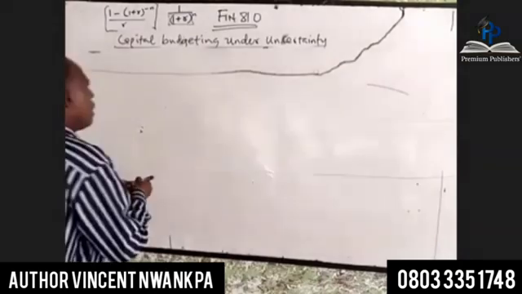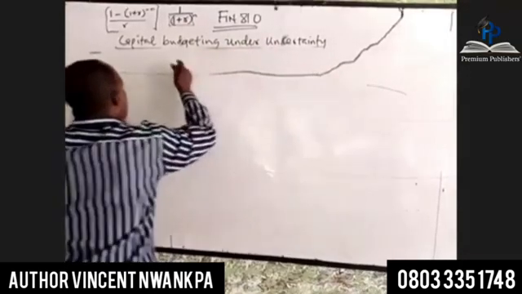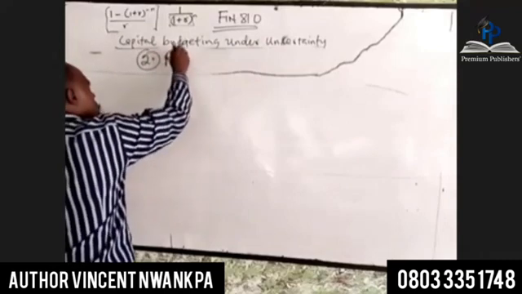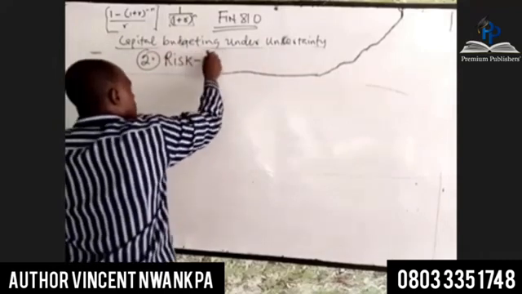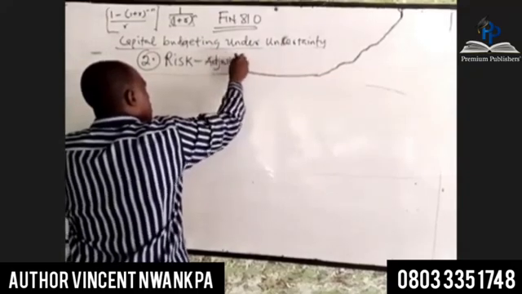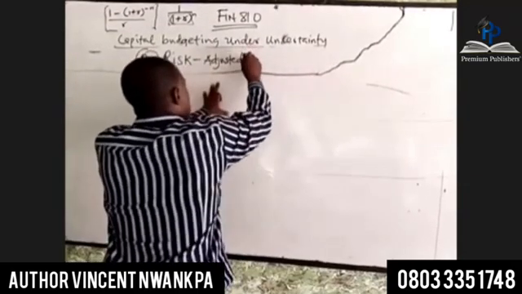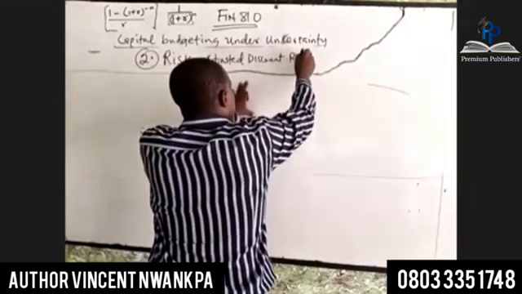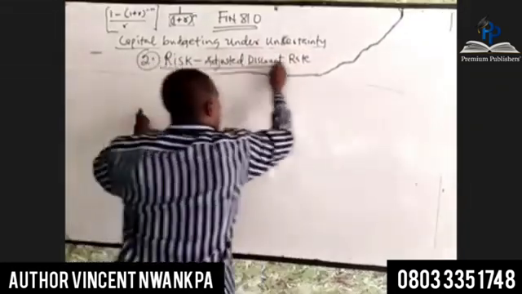Let me write it down. Number 2: risk-adjusted discount rates. That's the method we're looking at now.